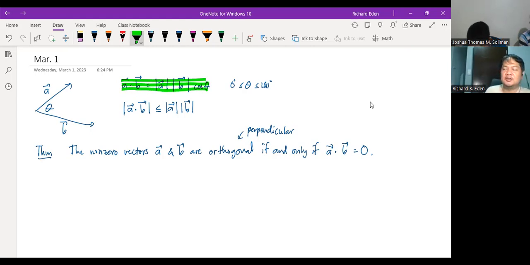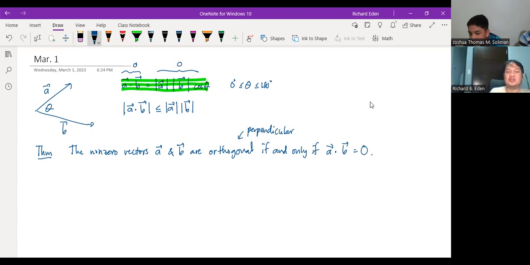But then cosine of 90 degrees is going to be 0. And so if that were the case, then A dot B on the left side would be equal to 0 on the right side. And then vice versa, if the dot product is equal to 0, then that would mean the right side would also be 0.